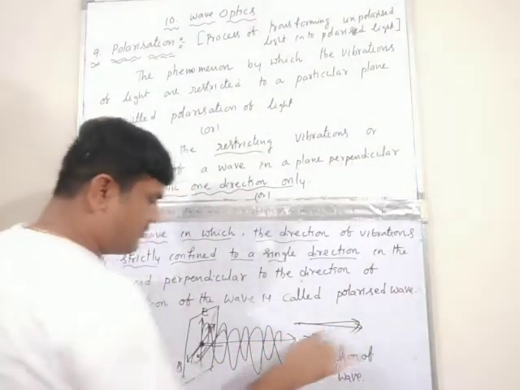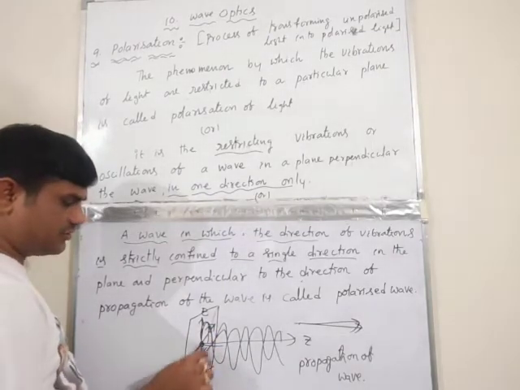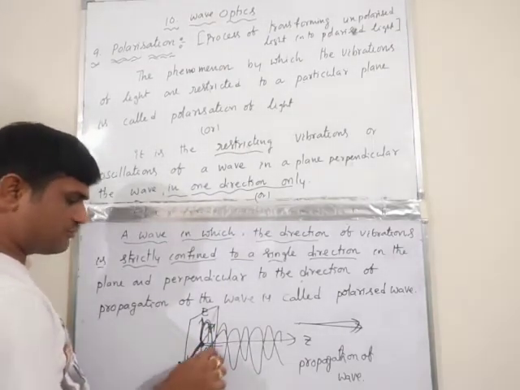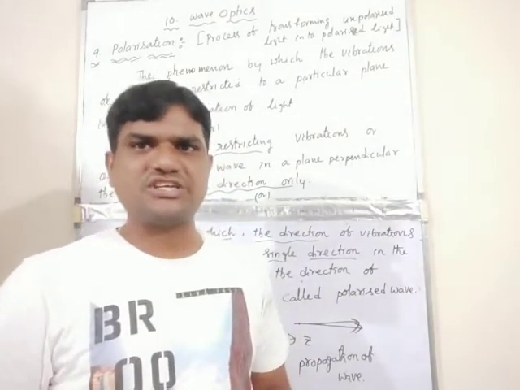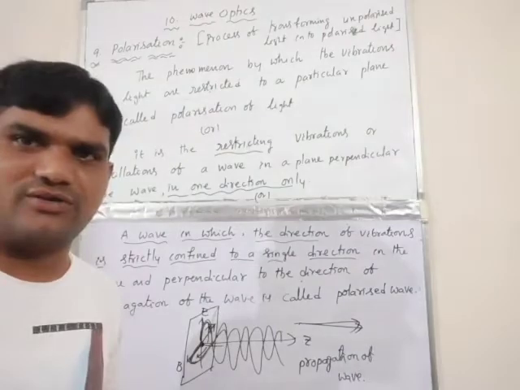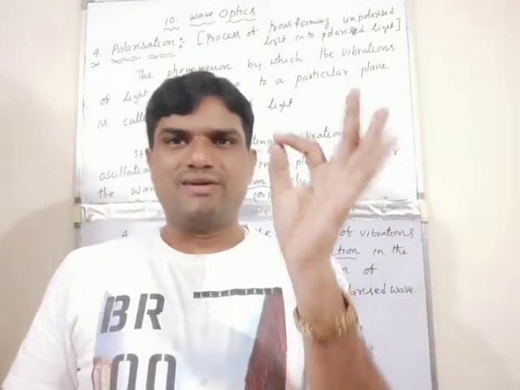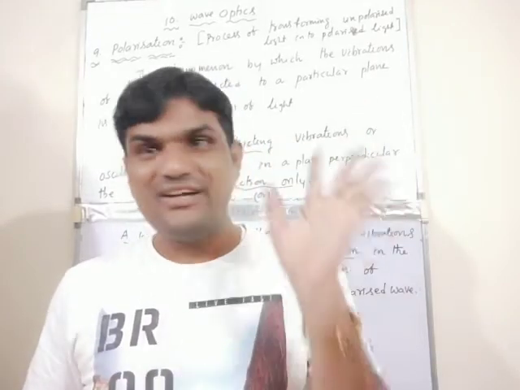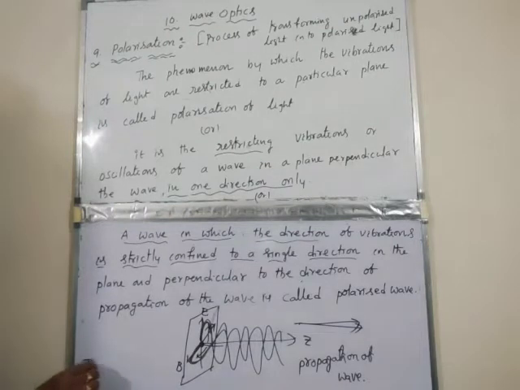So that wave has electric and magnetic fields, and they are perpendicular to each other. This is given by Maxwell. That's why, according to Maxwell, light is transverse in nature. If I observe only the electric field, we can observe in this manner that it is completely transverse in nature.